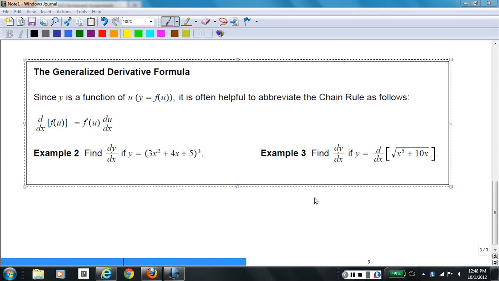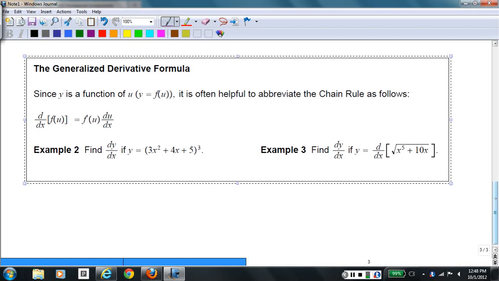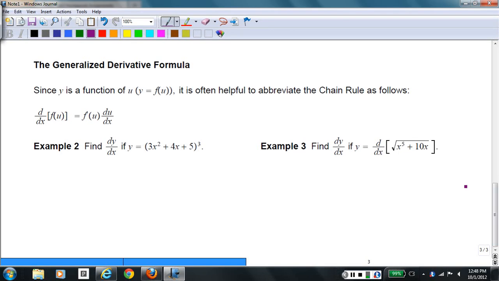function that we want. And this generalized derivative formula, let's see if maybe we can make sense out of this in terms of the definition we already had. When in doubt, as far as the chain rule is concerned, you can go back to the definition.